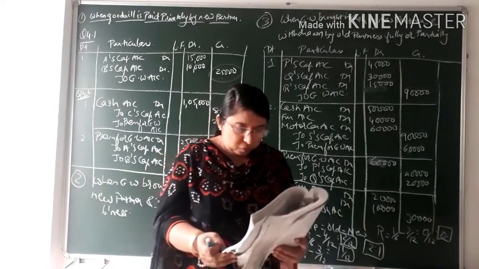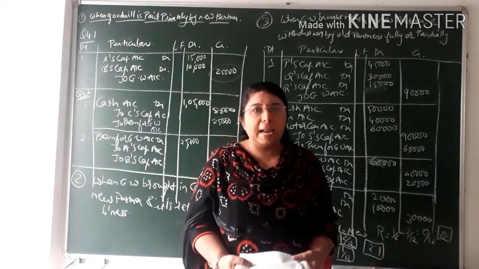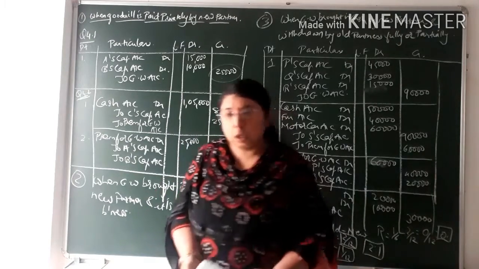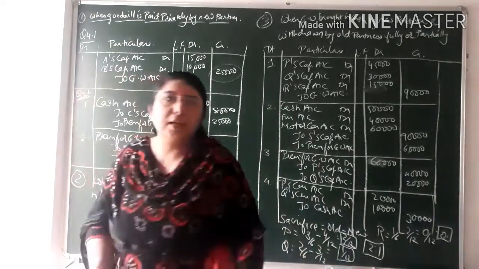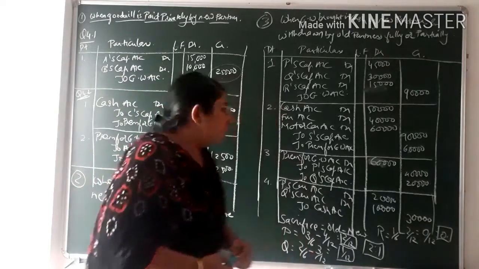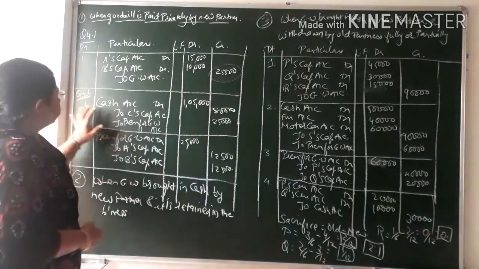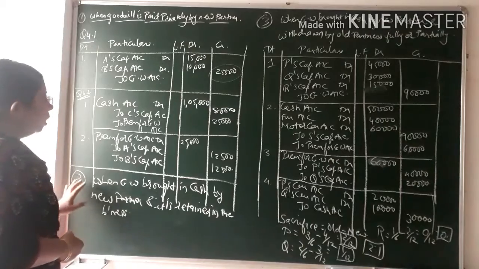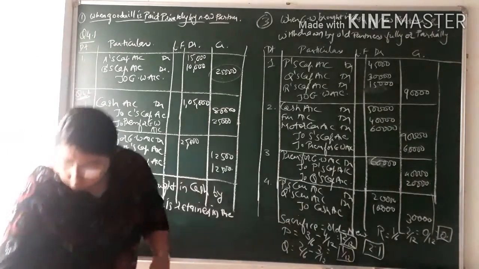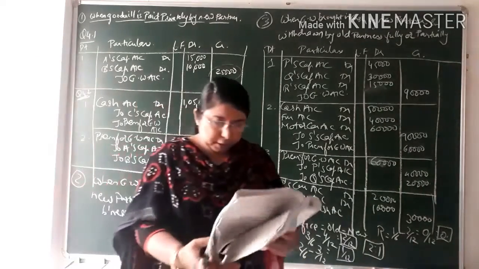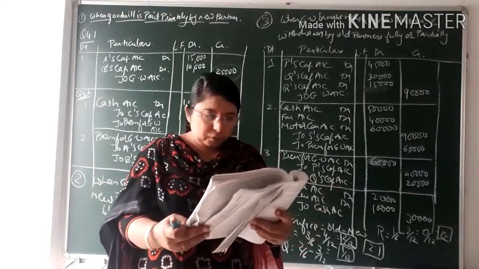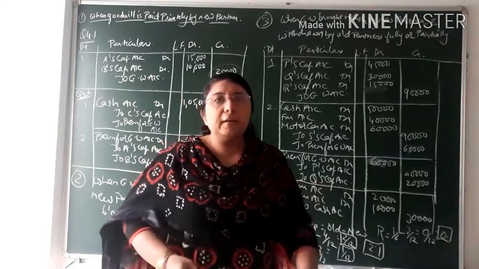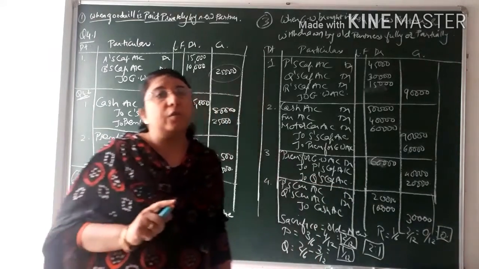Goodwill of the firm is valued at rupees 1 lakh. What is the goodwill? Total goodwill. The 1 lakh that is given to you, that is the total goodwill. Now out of that 1 lakh, what would be the share of the new partner? That we have to find out. Out of the total goodwill of 1 lakh, the new partner's share is 1/4.